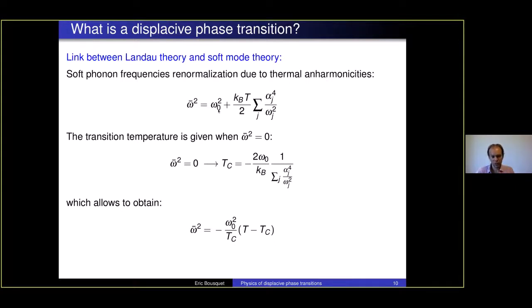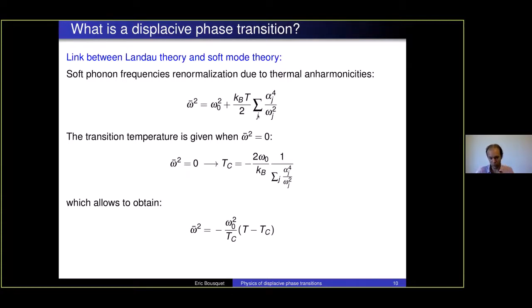And this is basically what the theory of phonon-phonon interaction tells you: the square of the phonon frequency is equal to the square of the phonon frequency at 0 Kelvin, plus a thermal anharmonicity renormalization of the phonon frequencies with temperature. Then you recover this kBT functional, and then you have alpha to the power 4 of each mode j here.